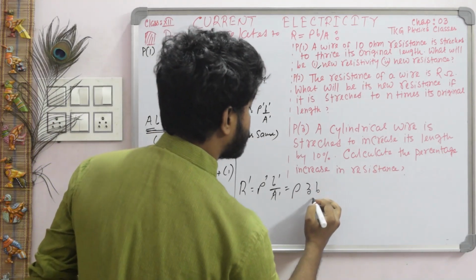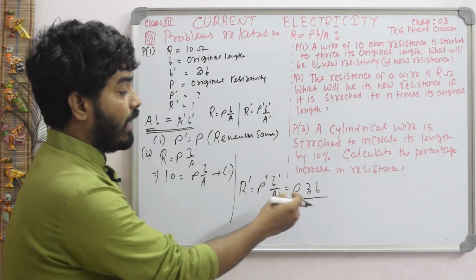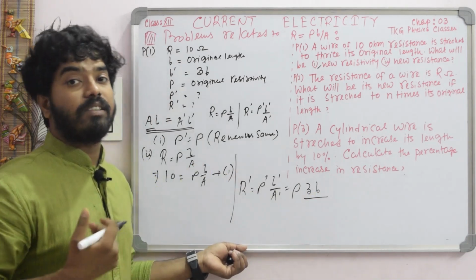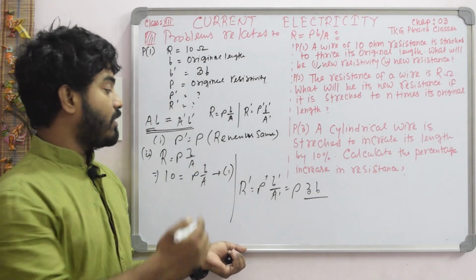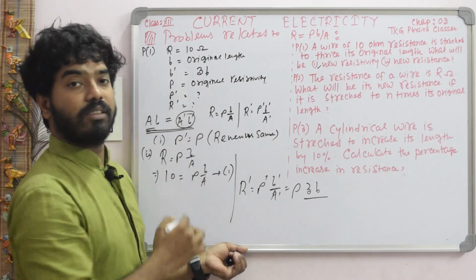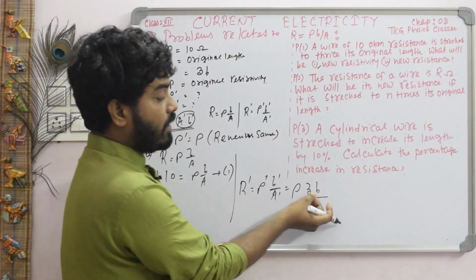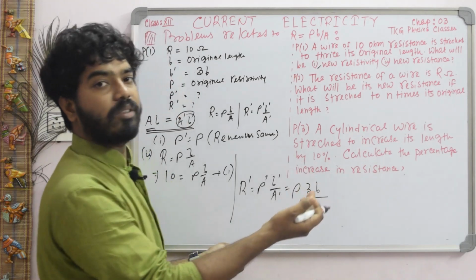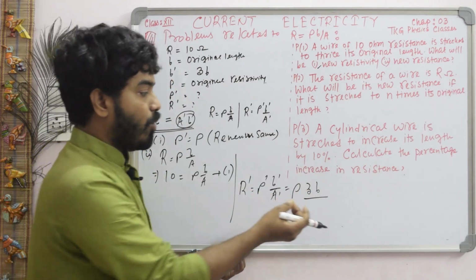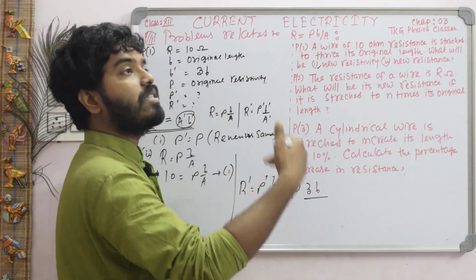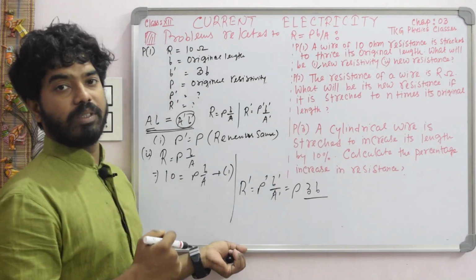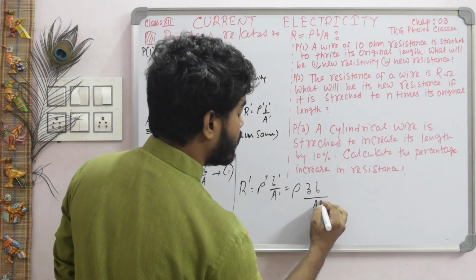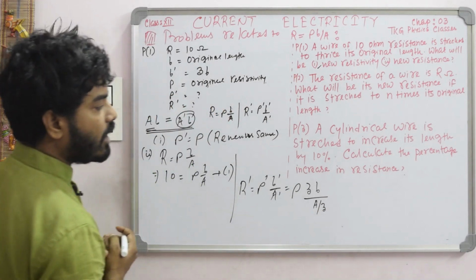When length increases 3 times, area decreases 3 times, so the volume remains constant. When length increases, area must decrease, then the volume remains constant, and vice versa. When length decreases, area must increase. So when length increases 3 times, its area decreases 3 times.